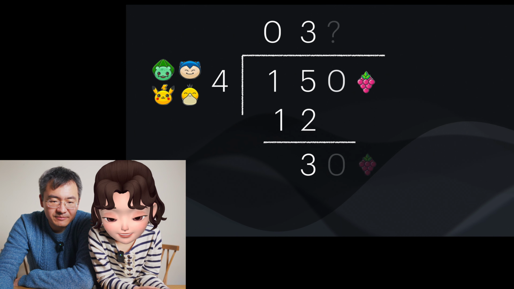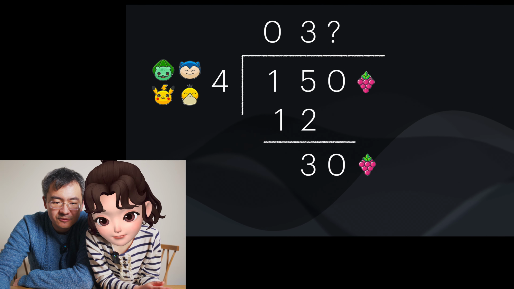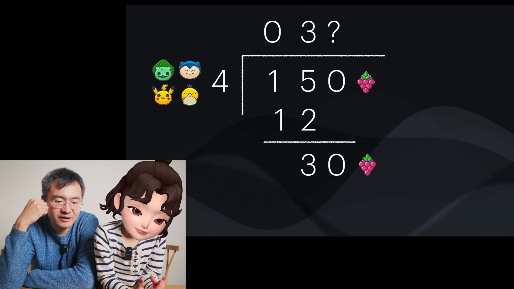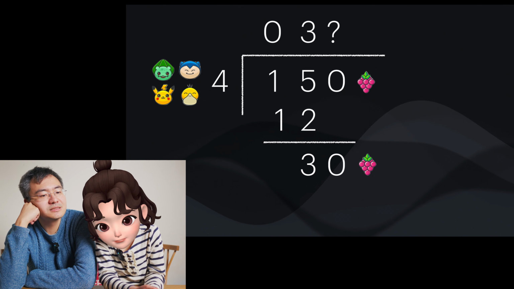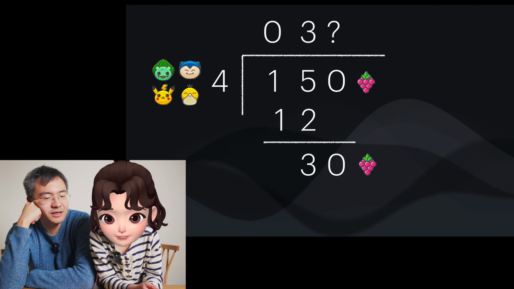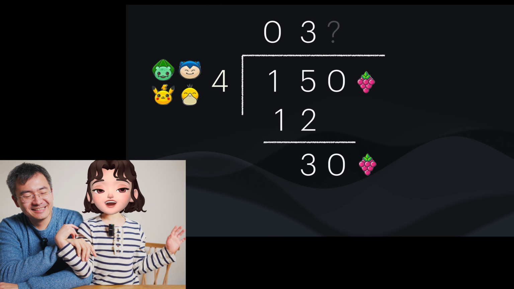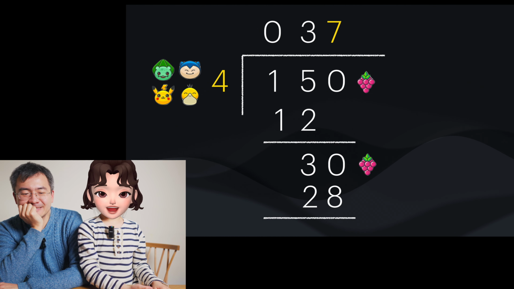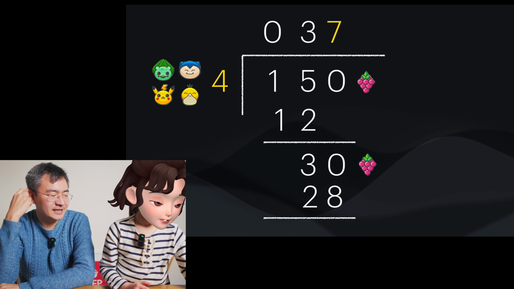Yes, the remainder is 3, but we still have 1 unit to copy down. So let's copy down the unit. So we have 30 fruits left and 4 Pokemons. What is the number that we can hand over to them? I know. 4 times 7 is 28. Yes, so let's put 4 times 7, 28 here.